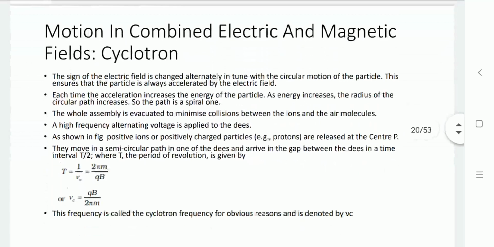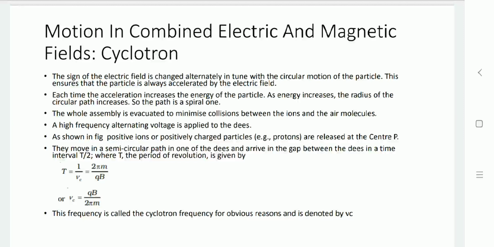So the sign of the electric field is changed alternately with the circular motion of the particle. This ensures that the particle is always accelerated by the electric field.